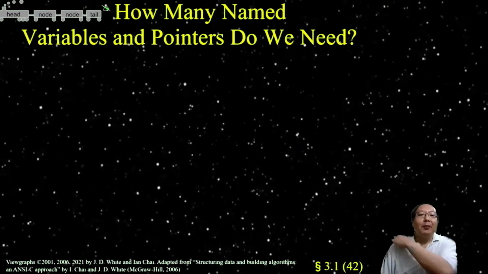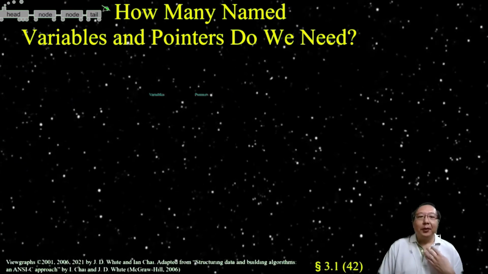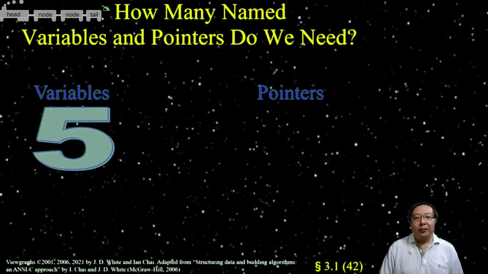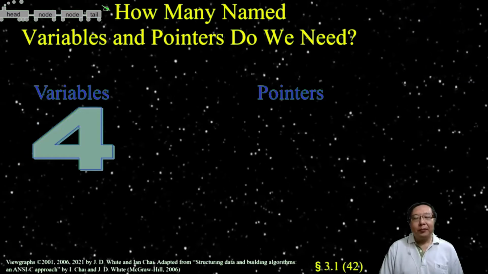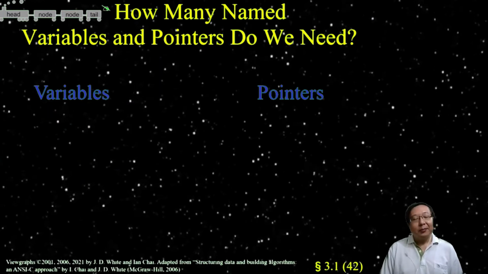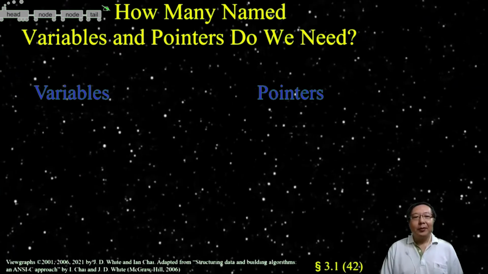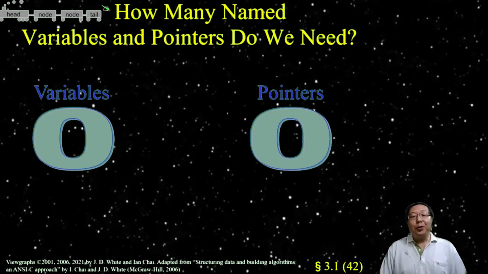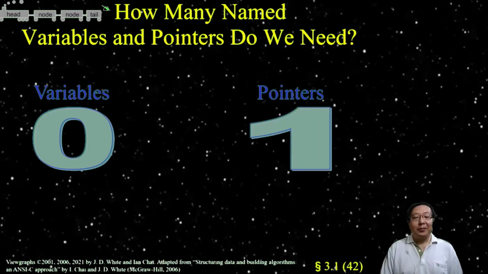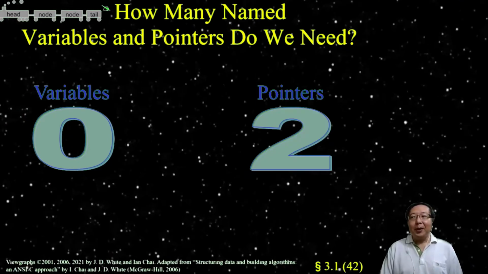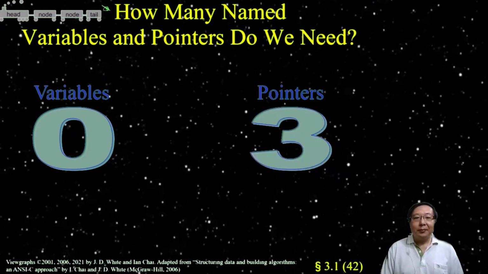How many named variables and pointers do we need? Well, how many do you think? 3 variables? 2 variables? 1 variable? Actually, we don't need any named variables. But how about pointers? How many pointers do we need?